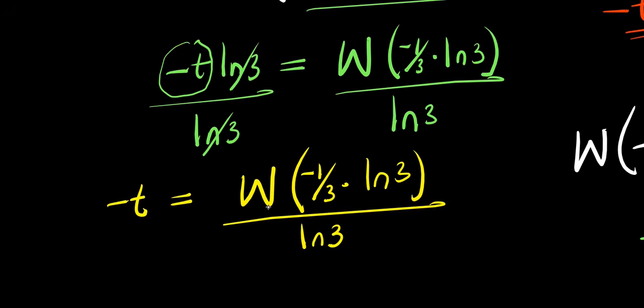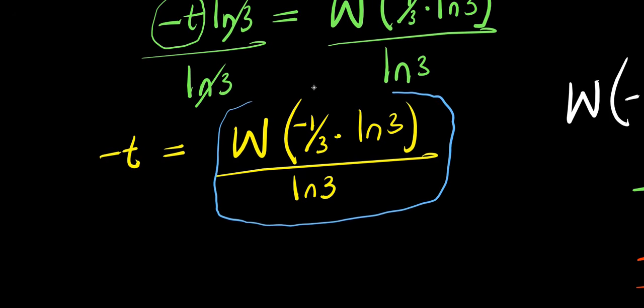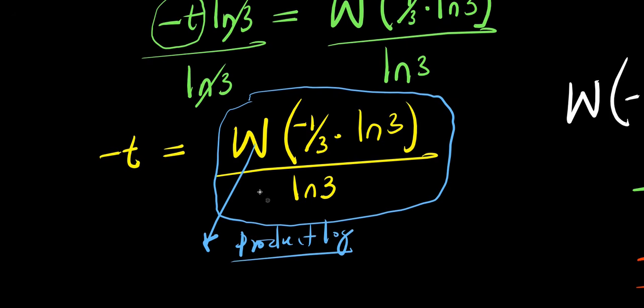So at this point, you can insert this into your calculator. Now, if you don't see this Lambda-W function in your calculator, you make use of what we call the product log. So that is another name for the Lambda-W function. You make use of the product log of negative 1 over 3 times ln 3 divided by ln 3.